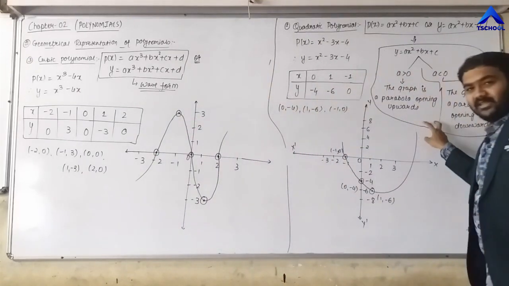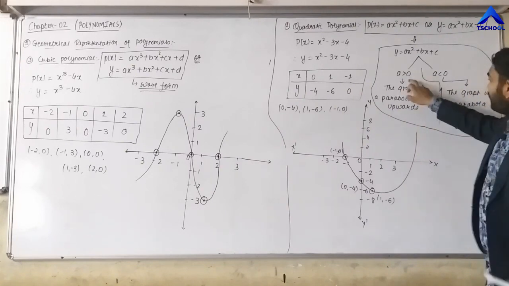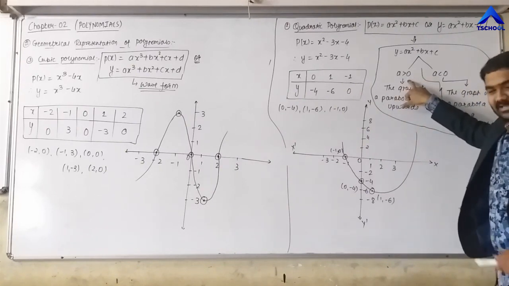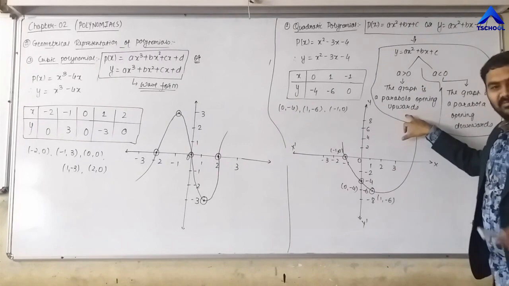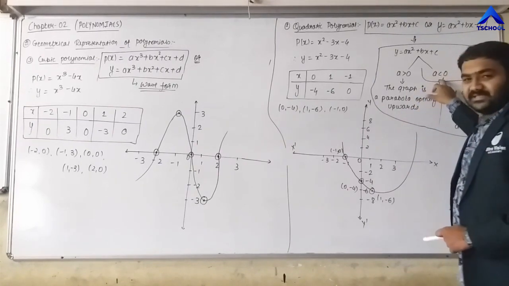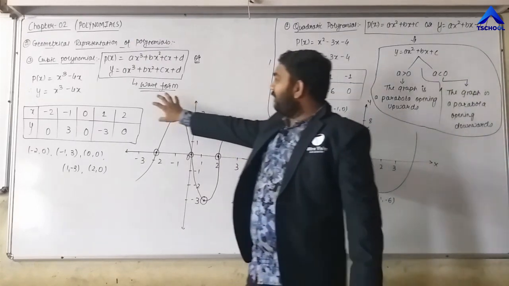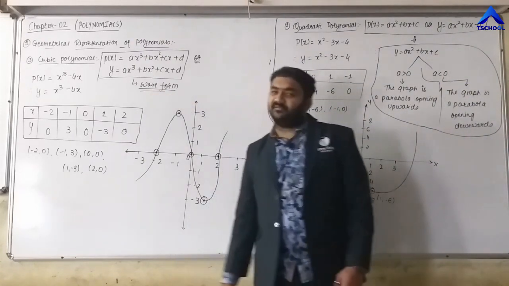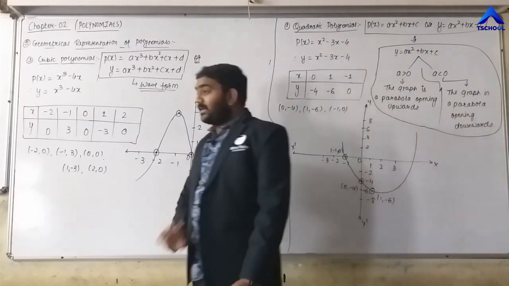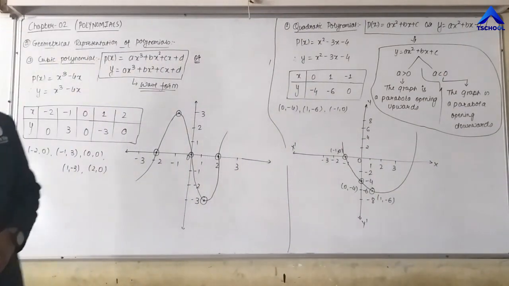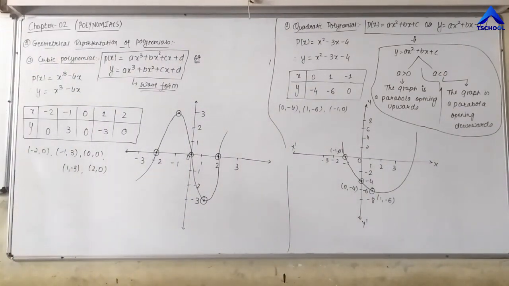If the coefficient of x square is greater than 0, it would be a parabola opening upwards, and if it is less than 0, then it would be a parabola opening downwards. And lastly, the graph of a cubic polynomial is in the shape of a waveform. So these are the graphical representations of the linear, quadratic and cubic polynomials. Take a look over it.